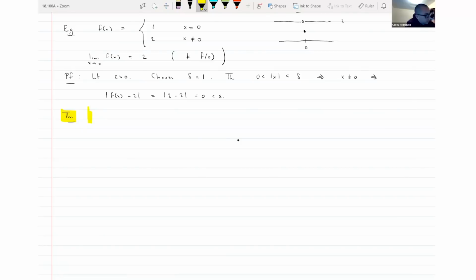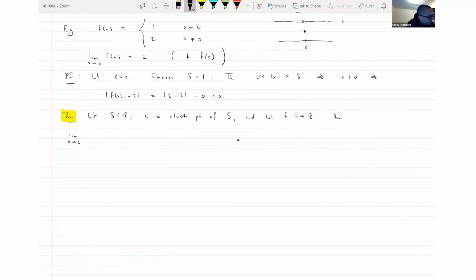So let S be a subset of R, c a cluster point of S, let f be a function from S to R. Then the limit exists.